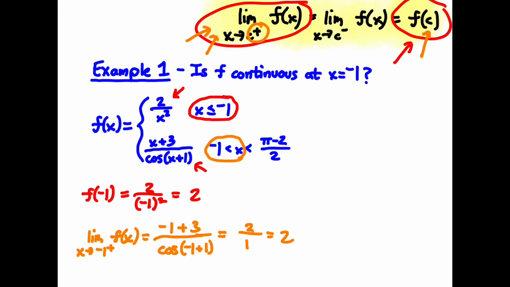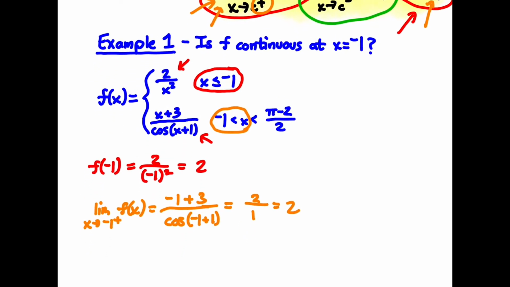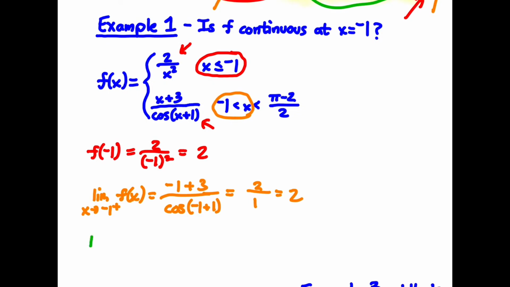So now the last thing is we have to test that middle part. So we have to test this part right here. I'm going to do that a little bit below here. So we're going to do the limit as x approaches -1, this time from the left, of f of x. Now obviously we're going to have to use this top piece since we used the bottom piece on the last one. This one's where x is less than or equal to -1.